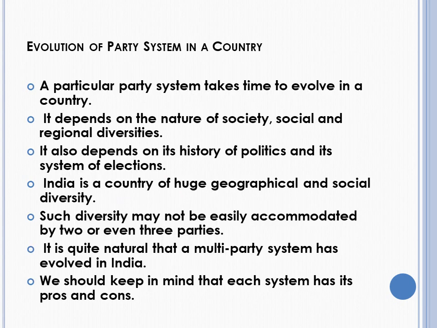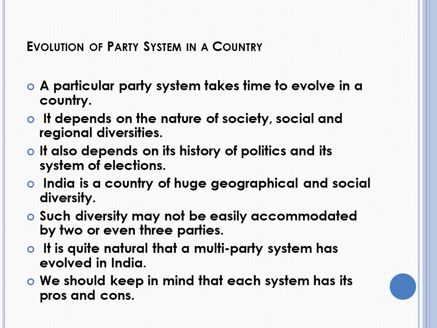Now, evolution of a party system in a country. A particular party system takes time to evolve in a country. It depends on the nature of the society, social and regional diversities. It also depends on the history of politics and its system of elections.